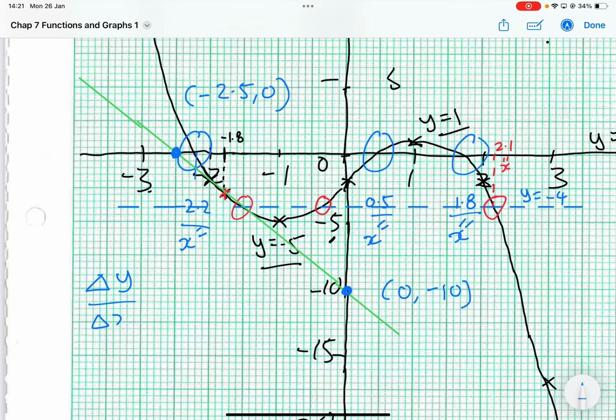Change of y over change of x: 0 minus negative 10, negative 2.5 minus 0. So positive 10 divided by negative 2.5, negative 4. For me, the gradient at this point is negative 4.